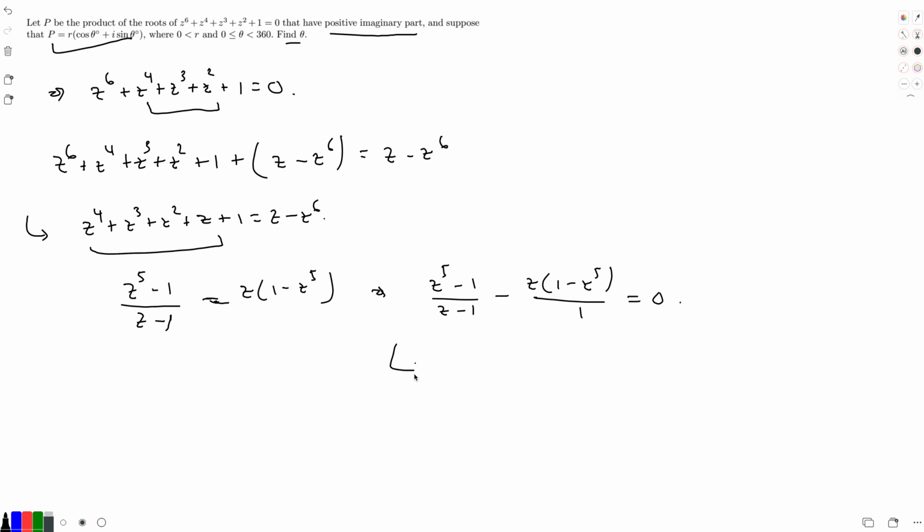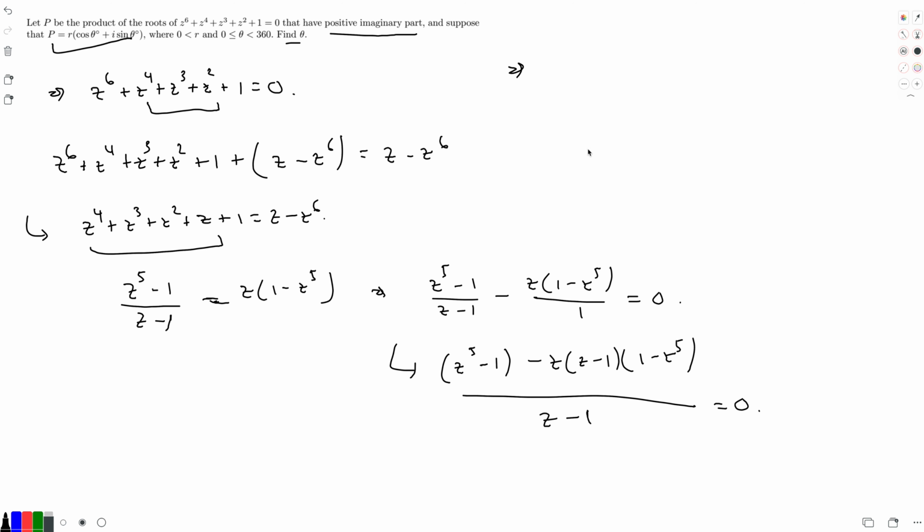And then we can get a common denominator and multiply this by z minus 1 to get z to the 5th minus 1 minus z times z minus 1 times 1 minus z to the 5th over z minus 1 is equal to 0. Now we can multiply by z minus 1, but then we notice that if 1 is a solution, then it's not really a solution because this makes it an indeterminate denominator. So let's just leave it like this and maybe just expand this part.